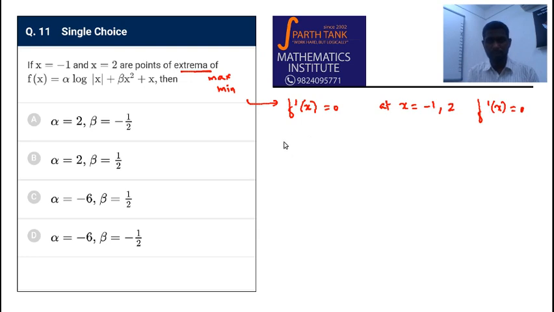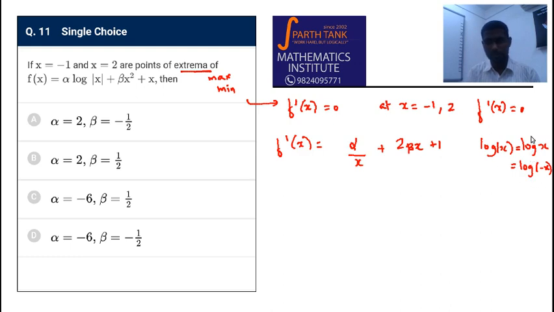Alright? So, f dash of x, how to calculate f dash of x? Now alpha log mod x, if I differentiate I get alpha by x plus 2 beta x plus 1. Now some of you might think what happens to this mod x, but do not worry because log of mod x means log x when x is positive or log of minus x when x is negative, right?